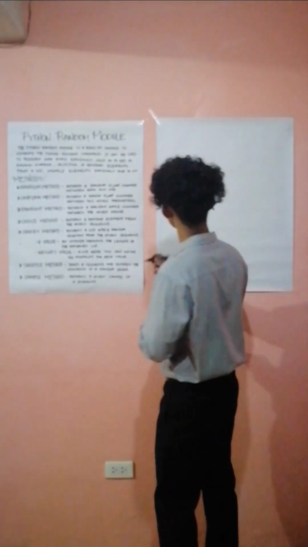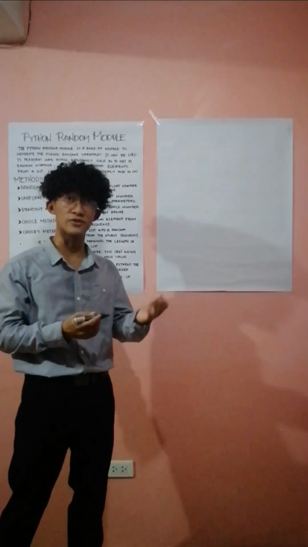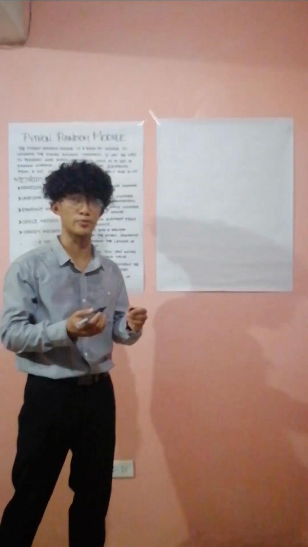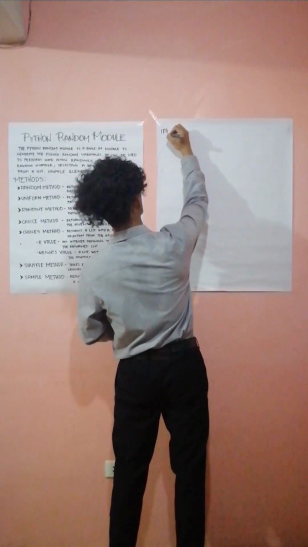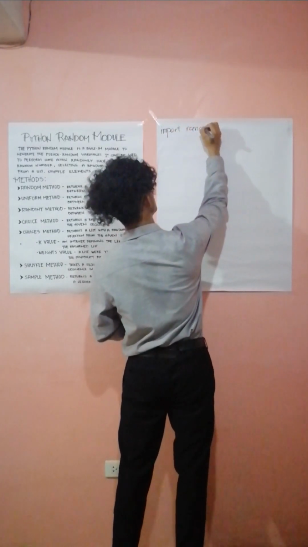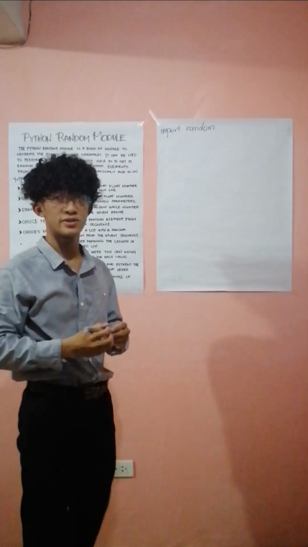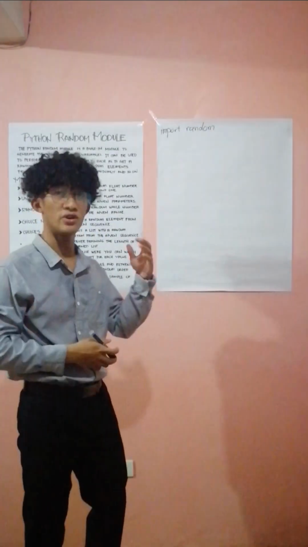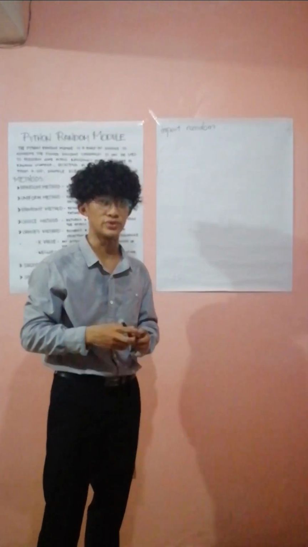First, we must call the random module. And how do we do that? We must import it by simply typing import random. By typing import random, we can use all the methods or all the syntax from the random module.